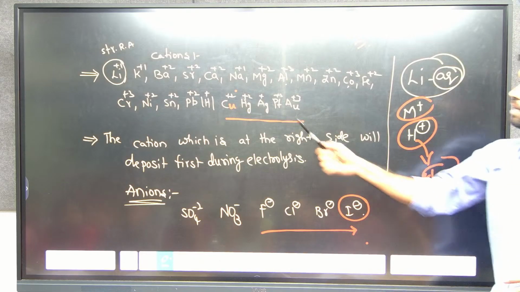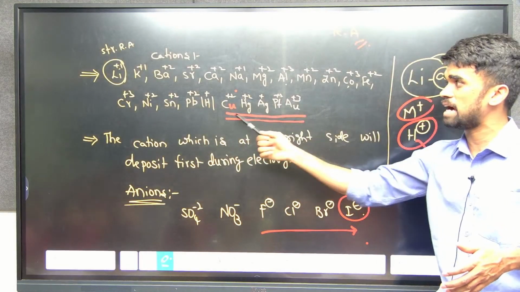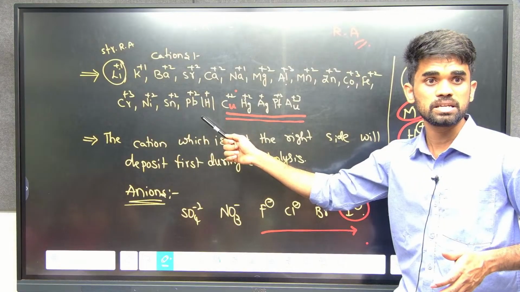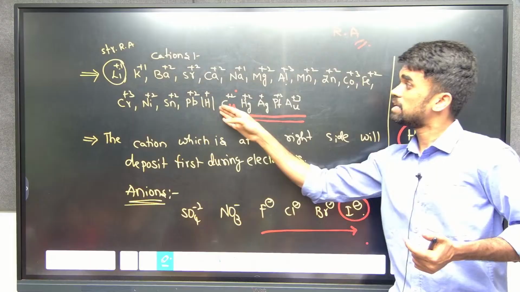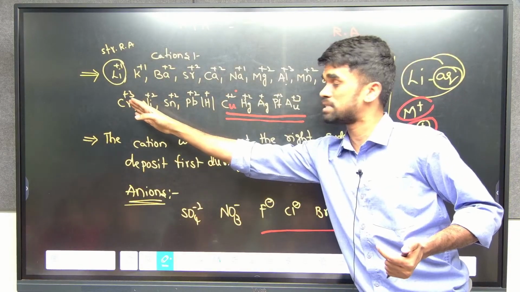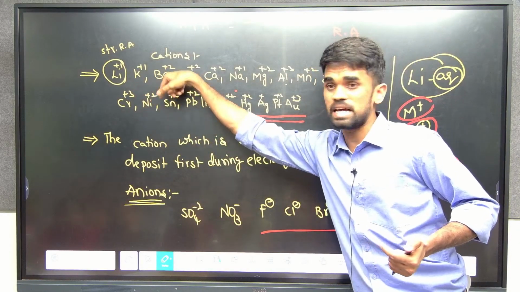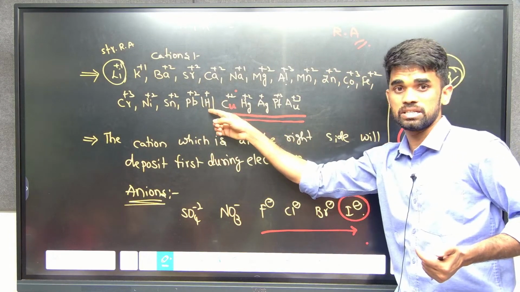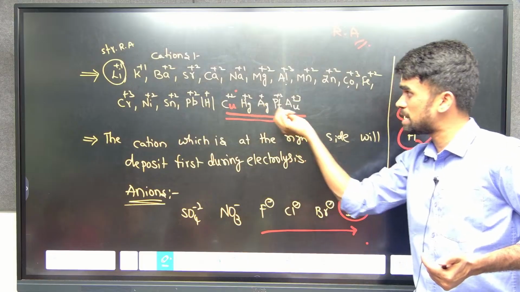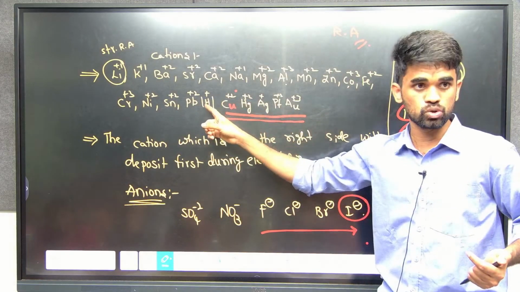If we have these cations along with our H plus, during electrolysis who will come out? If these ions on the left side before H are present, H2 comes out. On the right side, after this H, are the chapa metals, so these metals come out instead of H2 gas.